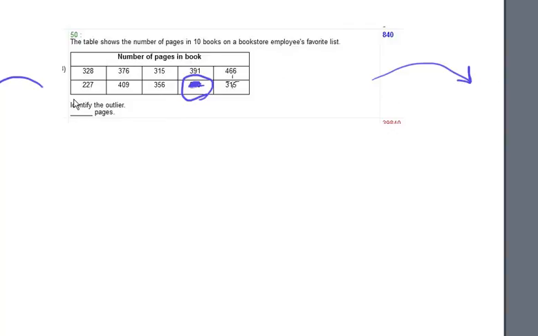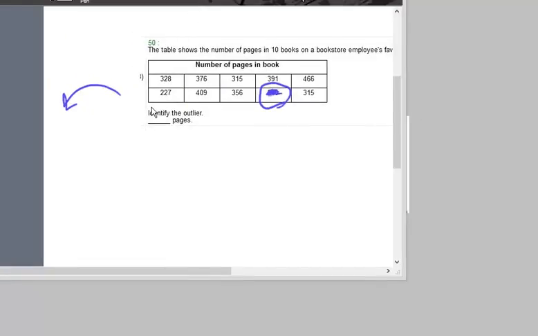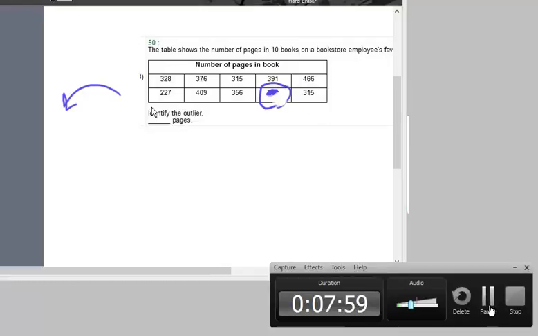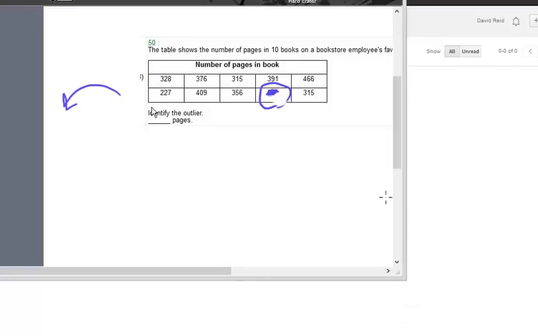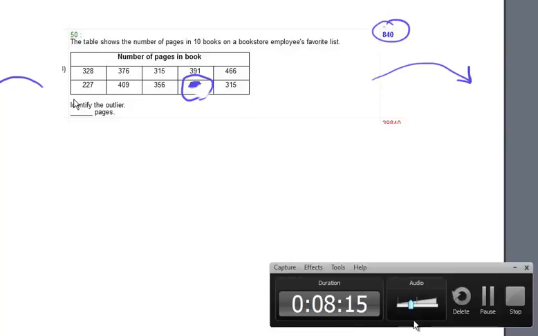Actually, that was the next question. So we're not going to eliminate that outlier in this one. Not yet. I'm actually going to pause that because I got jumped ahead. Actually, all they wanted us doing is identify the amount of pages, which was 840. So that's all we had to do in that problem. 840 pages.